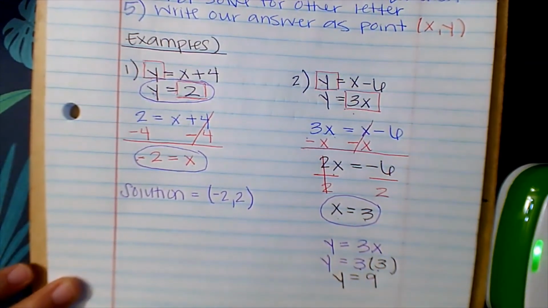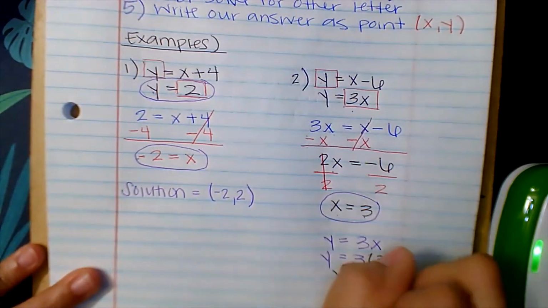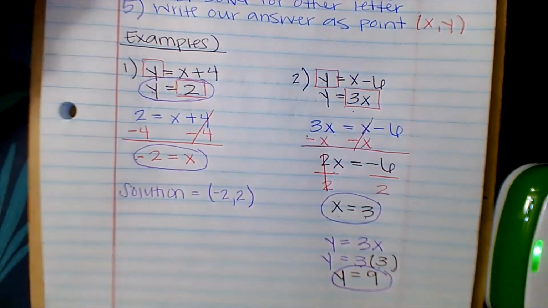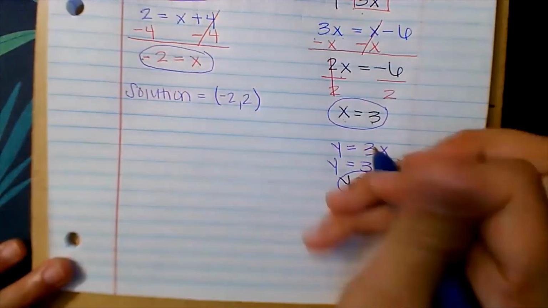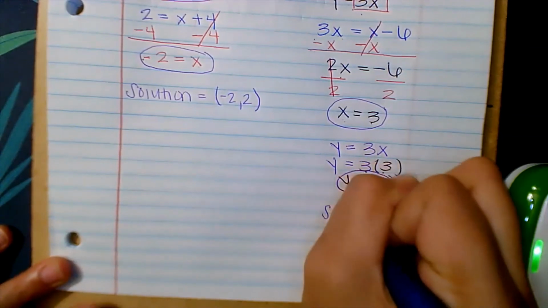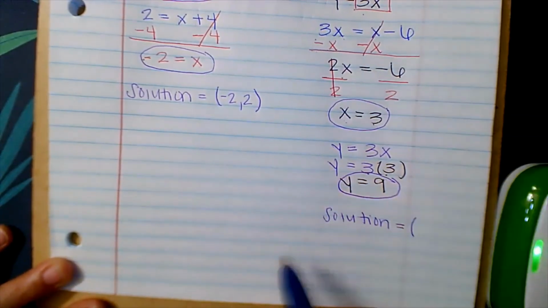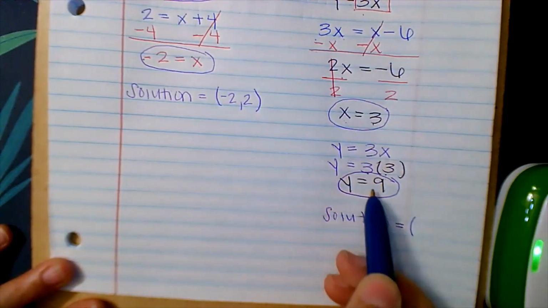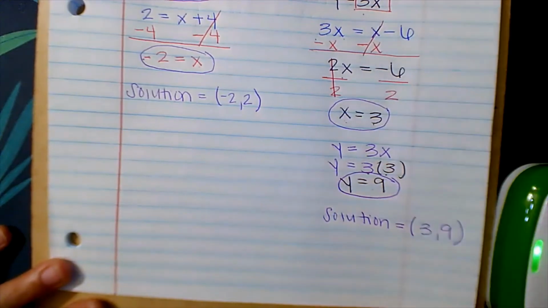So we know that y is equal to negative 9. So my solution, because we have to put it in a point, is x is equal to negative 3, y is equal to negative 9. So my solution is negative 3, negative 9.